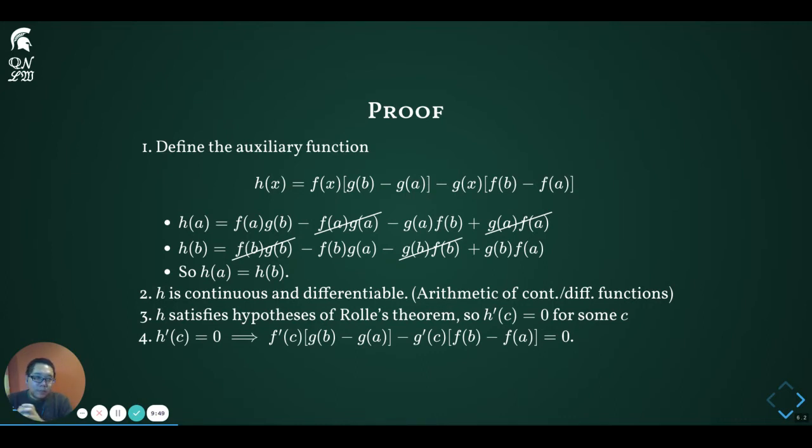And therefore, from Rolle's theorem, we conclude that h prime of c equals 0 for some c. Plugging this back into the formula for h, since h prime is equal to f prime times the total change in g minus g prime times the total change in f, we see that h prime of c being 0 is exactly what we set out to prove.